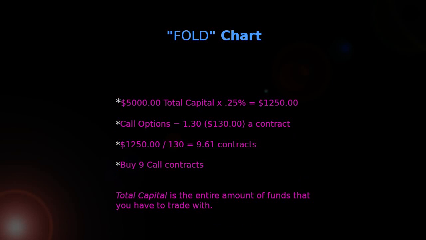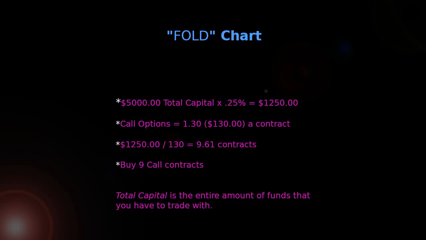After studying the daily chart and finding a buy area, we buy a call option contract or several call contracts on FOLD while using no more than 25% of our total trading capital. For example, if our total trading capital is $5,000, 25% of that leaves us with $1,250 to trade with.